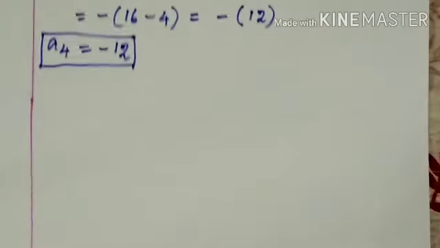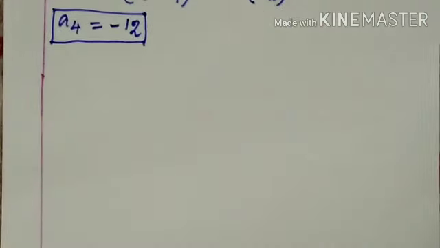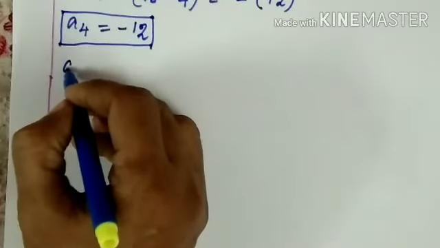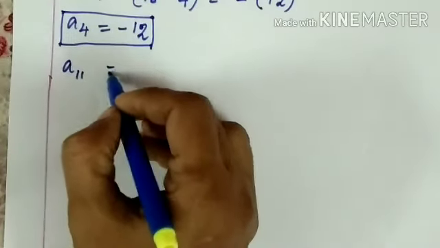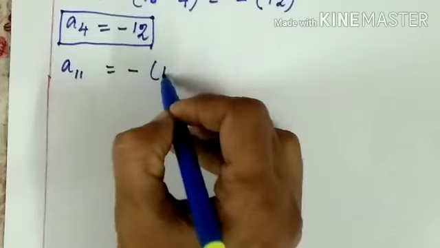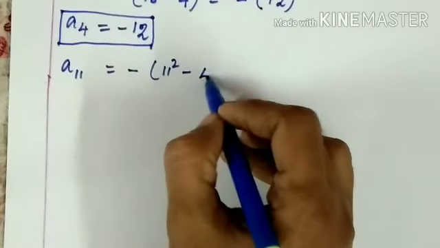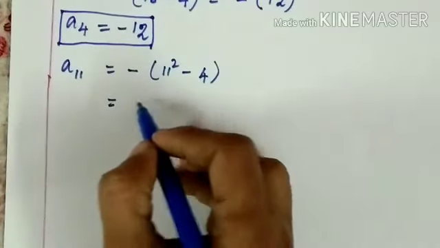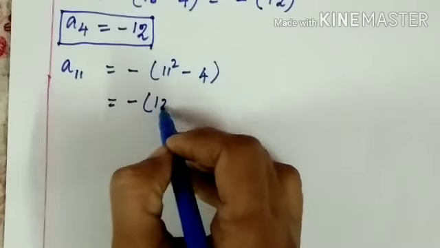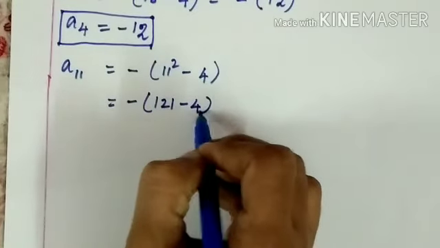Next, you have to find the value of A11. For n, you put 11. That is, A11 is equal to minus of 11 squared minus 4, which is equal to minus of 121 minus 4.